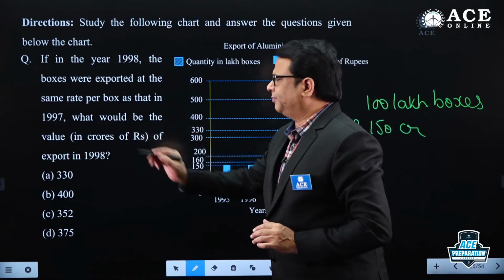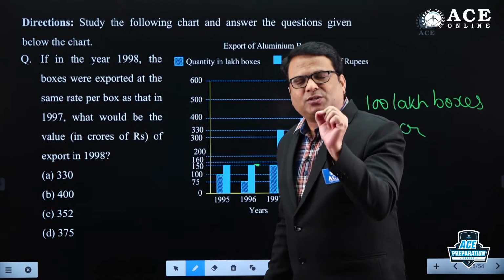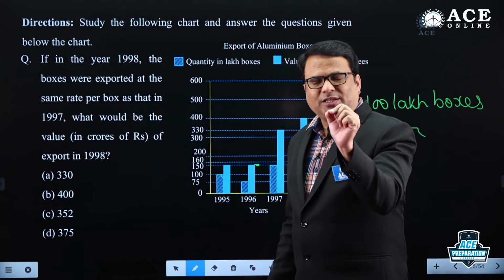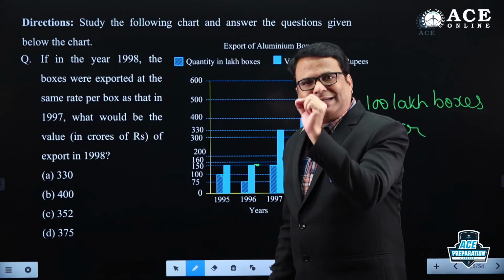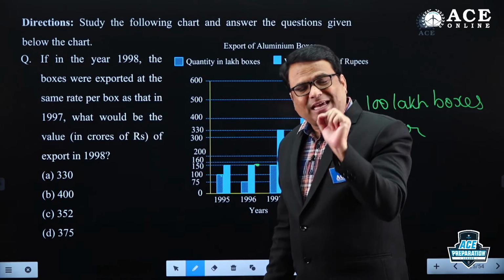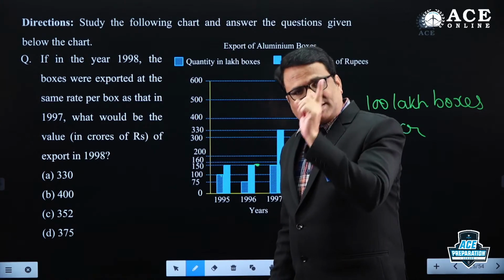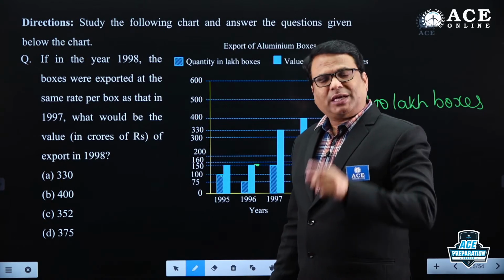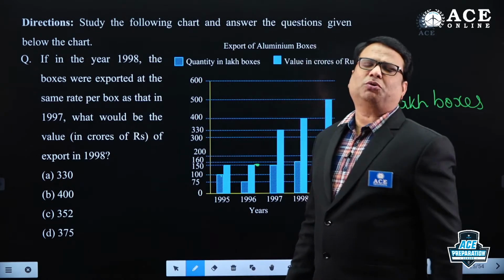What is this question? If the price of each box in 1998 is the same as that in 1997, then what will be the value of exports in 1998? That is the question.